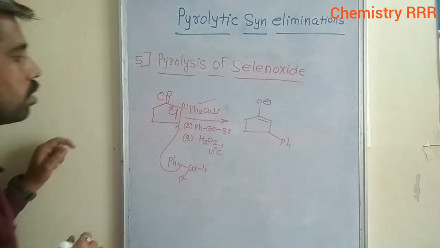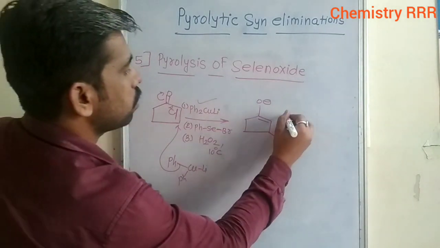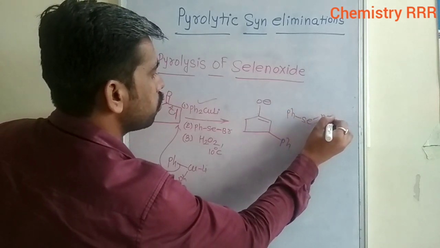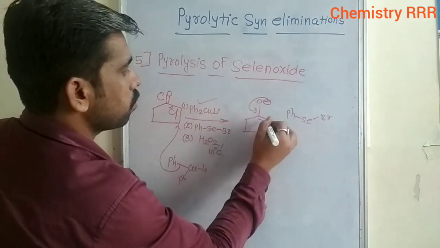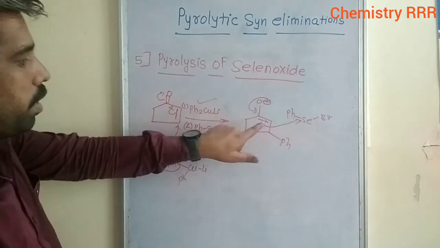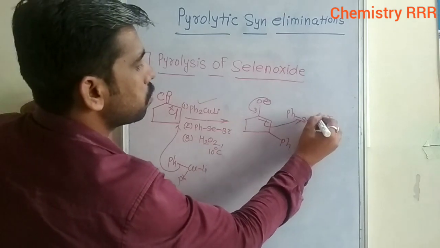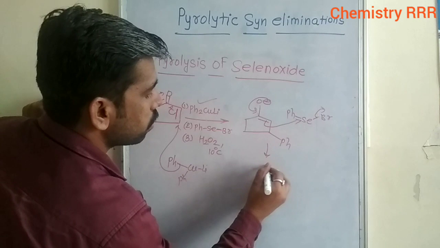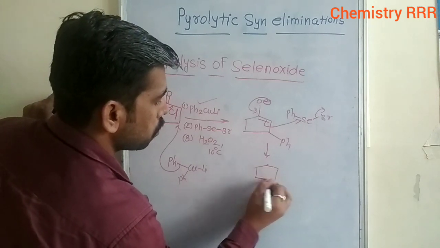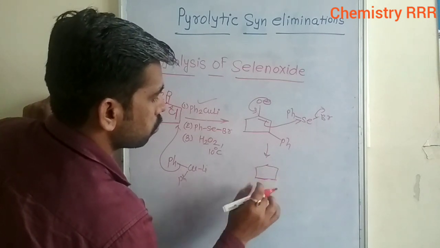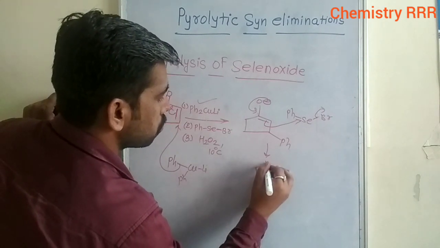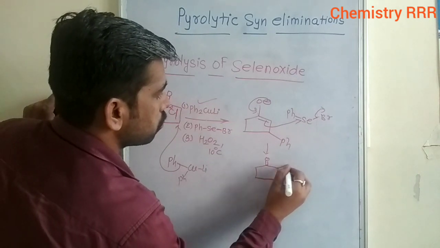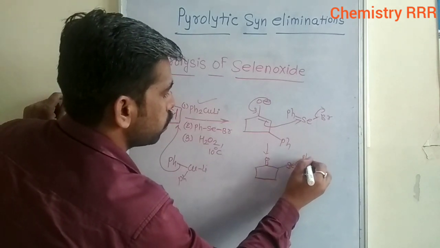Now then second step is PhSeBr. Okay, this group attacks in an SN2 attack on this selenium, and there is elimination of the Br minus. We get this.